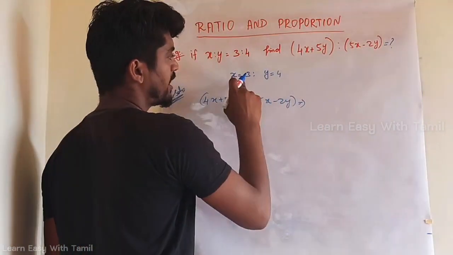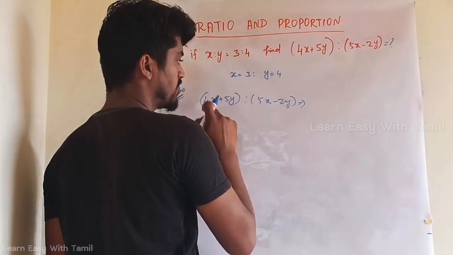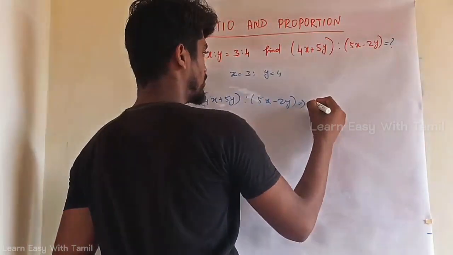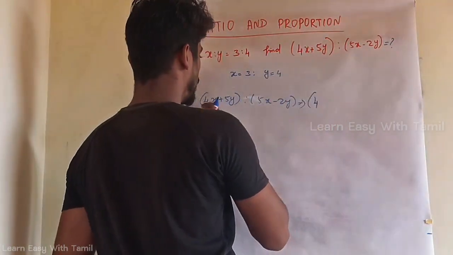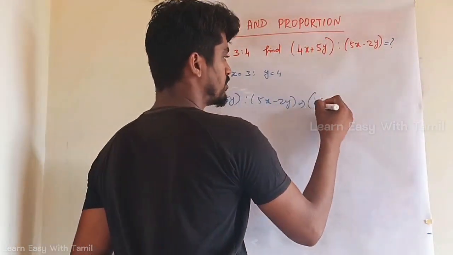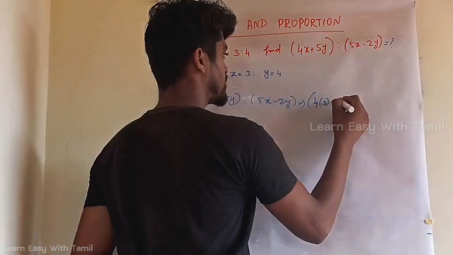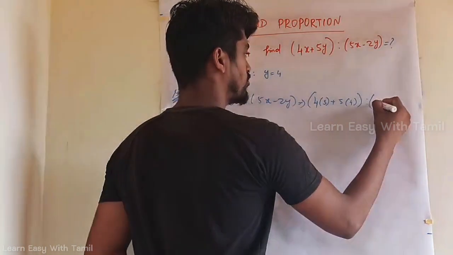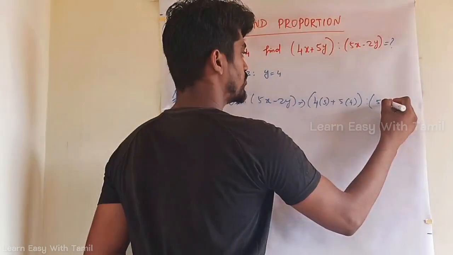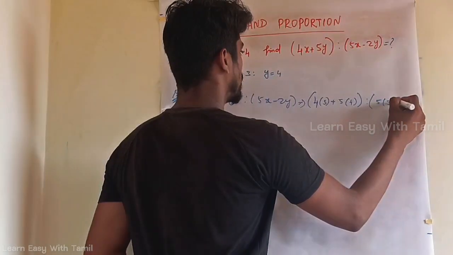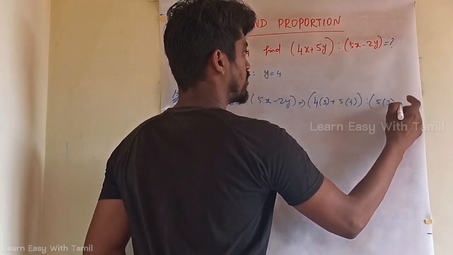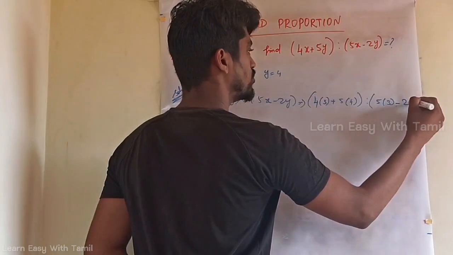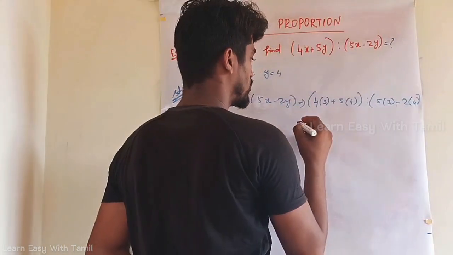Here we can apply the x and y values in that format. So we can write 4 into x value 3 plus 5 into y value 4 is to 5 into x value 3 minus 2 into y value 4.